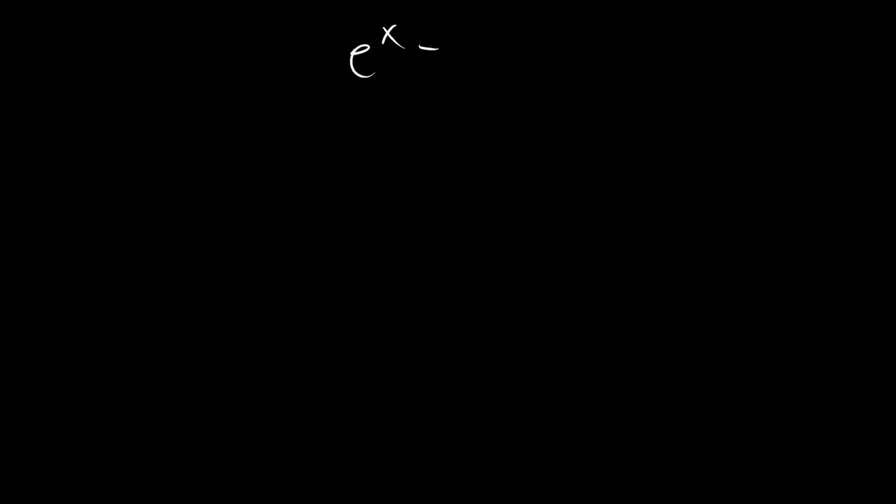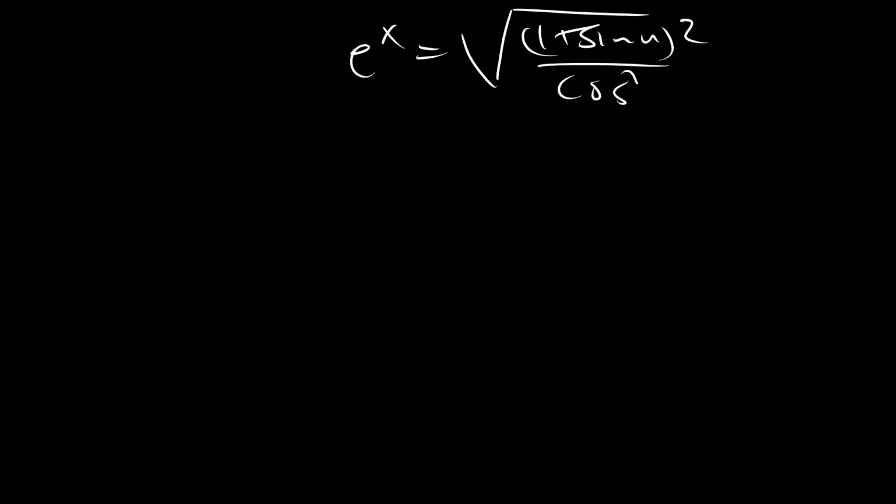So e to the x is equal to (1 plus sine u) squared over cosine squared u, which is equal to (1 plus sine u) over cosine of u.